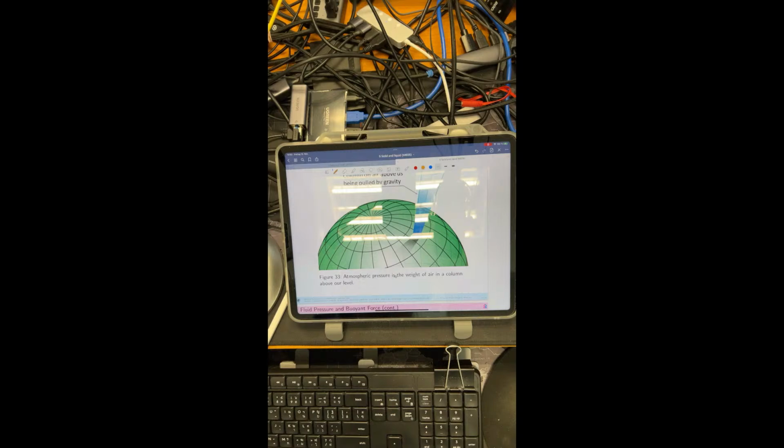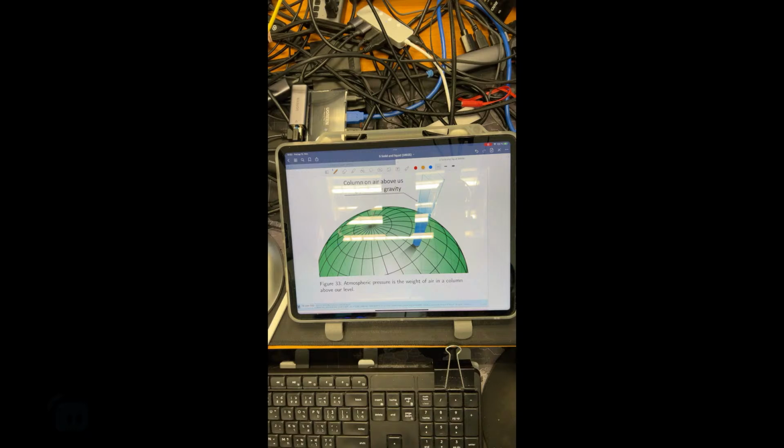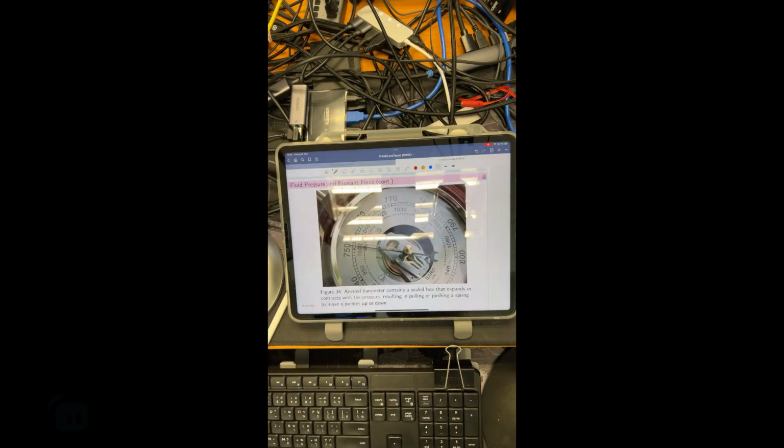Okay, atmospheric pressure is the weight of the air in a column above our level. Okay, this is our level, and here is the pressure. That is the force acting onto a certain area. Okay, that's force. And the instrument that we use to measure is called a barometer.